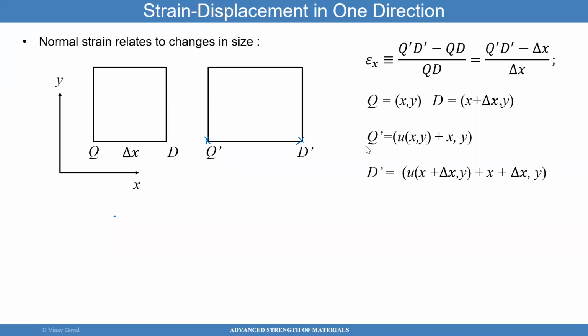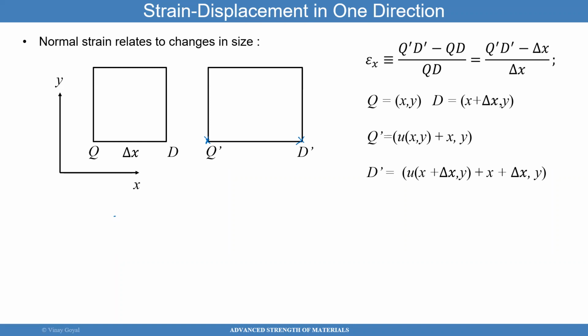So just to make sure the concepts are clear, if I were to translate the square to the right and it didn't stretch at all, it was just pure translation, no strains will be forming within the square. But in this case, this square translated and also stretched a little bit. So you expect some strain to form.